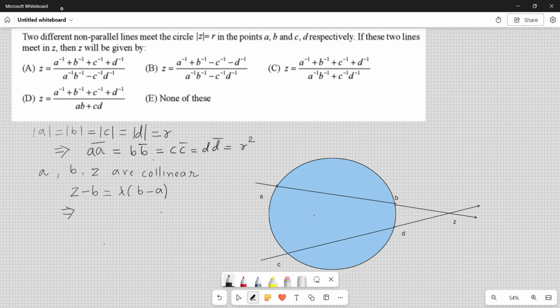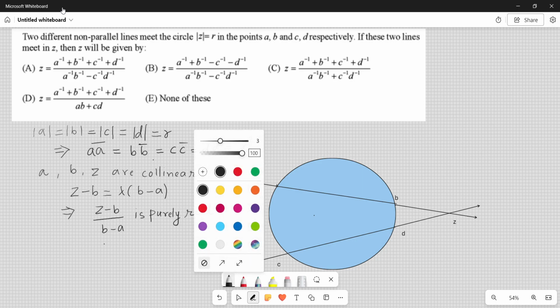Now from here I can say that (Z minus B) by (B minus A) is purely real. Why? Because this is equal to lambda, and therefore this is going to be a purely real number.